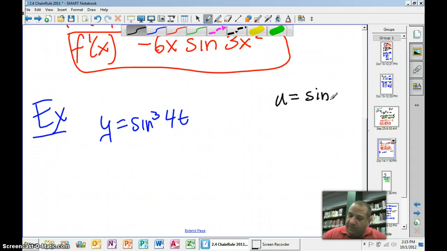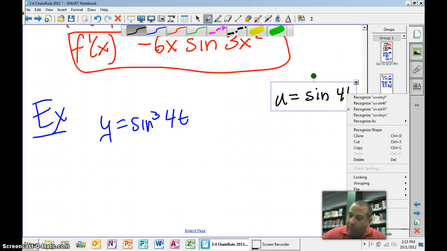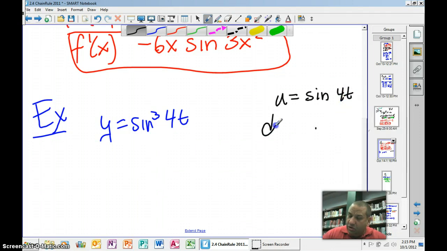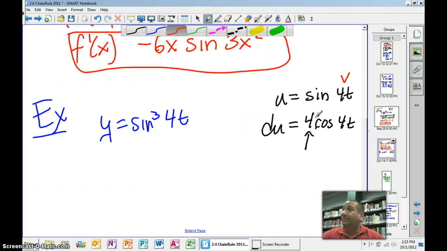U is going to equal sine of 4t, therefore, whoa, du is going to be 4 cosine 4t. Well, where did that 4 come from? Well, remember, I just showed you that we have to take the derivative of the angle. We would have to make another substitution, like a v. So then dv would be 4.